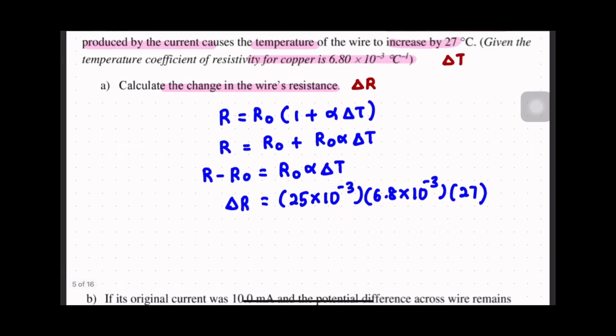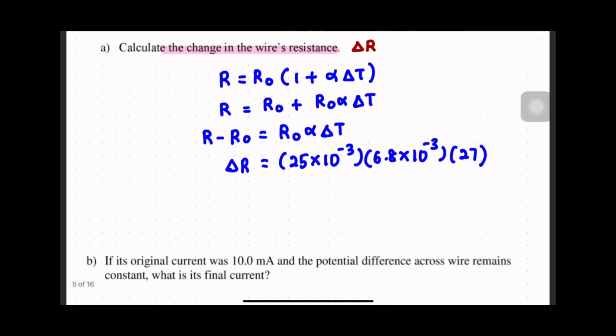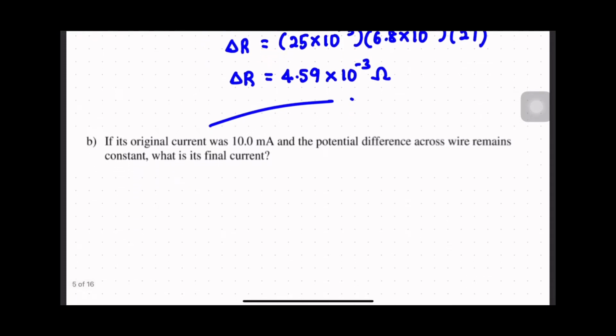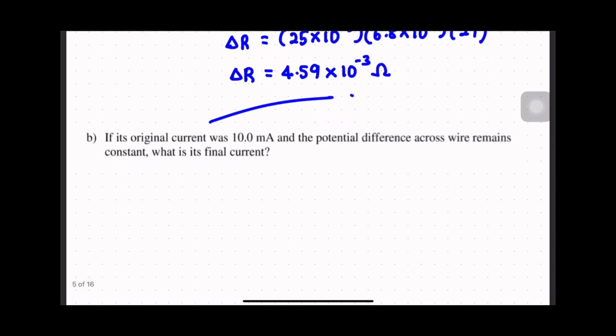Walaupun dia dalam degree ke dalam Celsius ke, dia memang tetap perubahan yang sama, sebab dia adalah T final tolak T initial, kan? Okay, so you can dapat delta R is equal to 4.59 times 10 to power of negative 3 ohm. This is change of resistance.